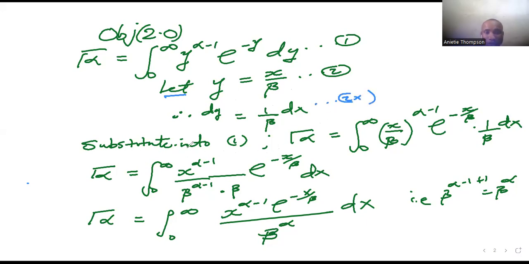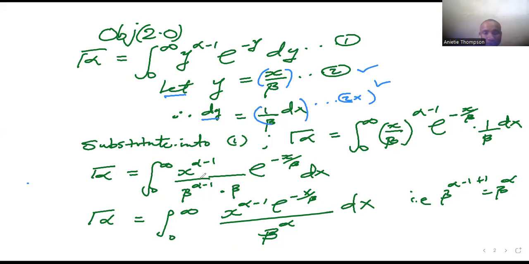I'm now going to substitute equation 2 and 2 asterisk into 1. Any place you see y, you replace it with x over beta, and any place you see dy, you replace it with this.